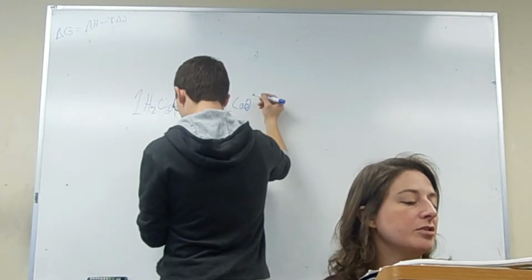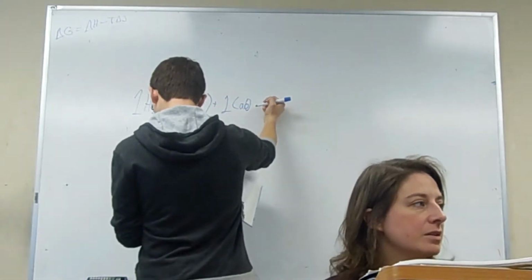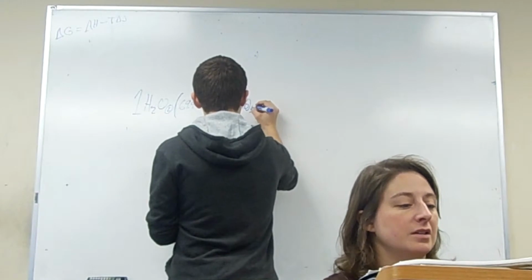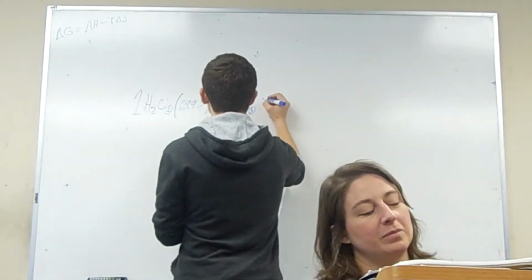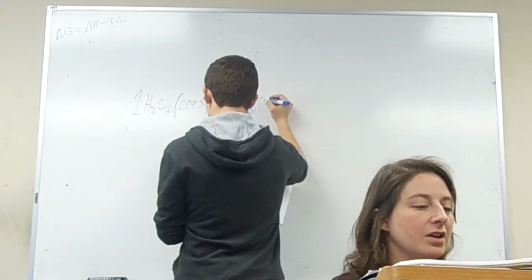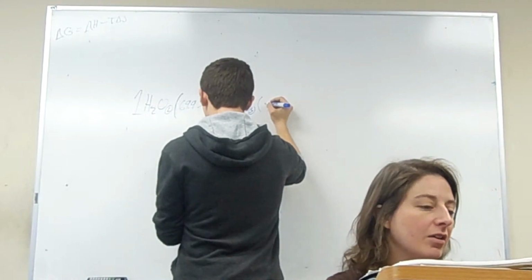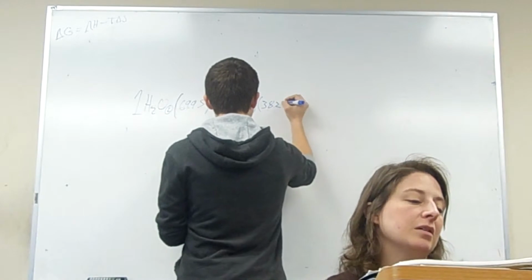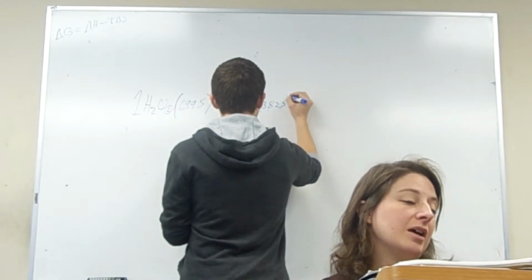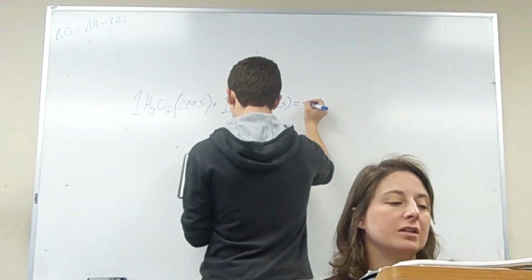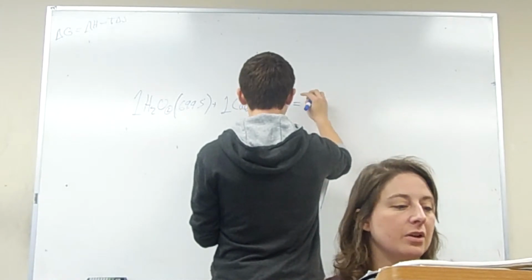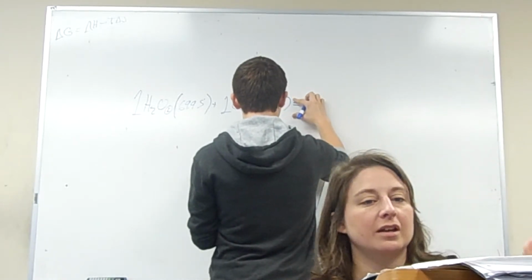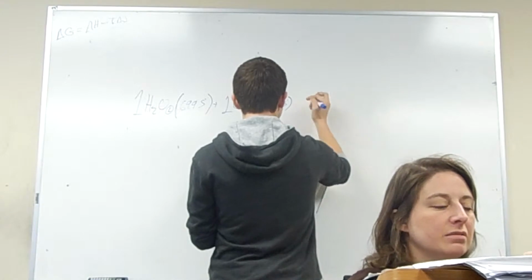Would we expect entropy to be increasing or decreasing? Decreasing, because you're losing liquid, moving to all solid. Liquid is more chaotic than solid. So entropy is going to be decreasing here. If I don't get a negative answer, I'm going to check my work.